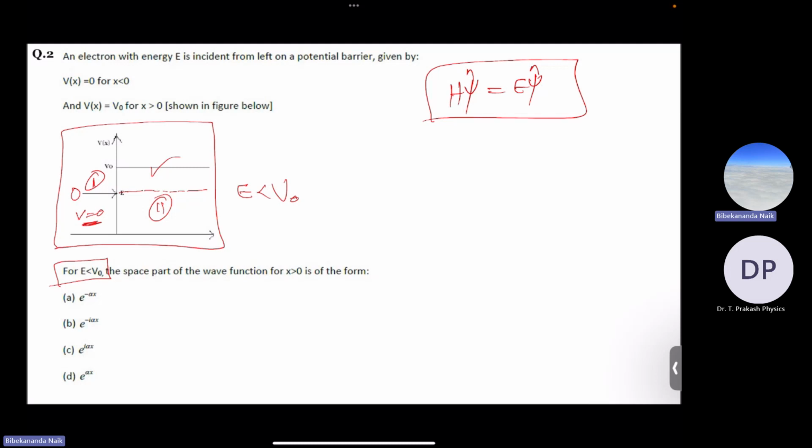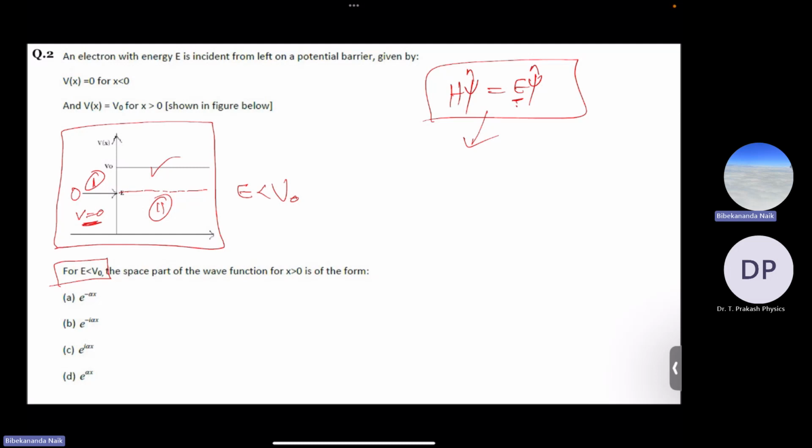Is it not so? If you write, H is nothing but the total energy operator, because it gives us the total energy. So this H corresponds to kinetic energy plus potential energy.